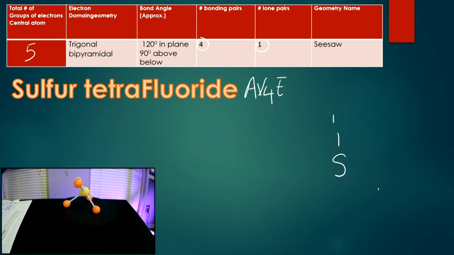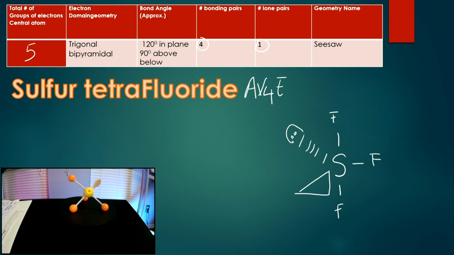We'll have a fluorine here, a fluorine here, and another one down here. Here's my wedge and there are my dashed lines, and that's where my lone pair is going to be, on those dashed lines. And that's where my other fluorine is. See how it's moving away from us as you look at it?